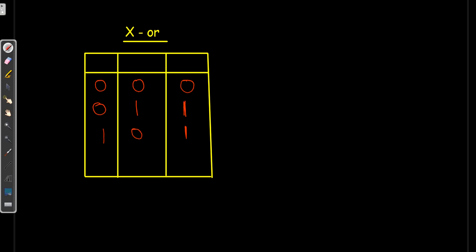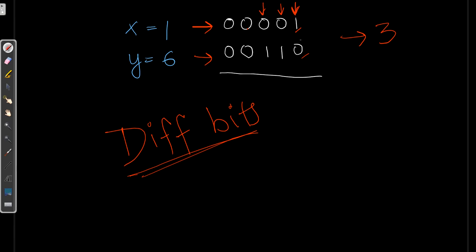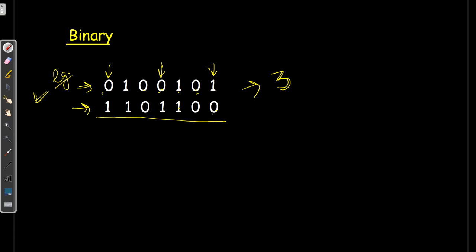It will return 1 only, but for same digits it will return 0. Here it should return 1 for different bits: 1, 0, 1, 1 and 0, 1, 1. So that's a Hamming distance of 3. If we look at the same example, here also we have different bits.